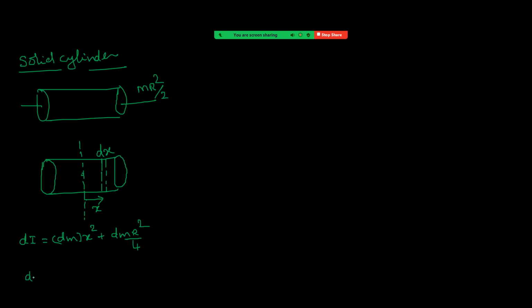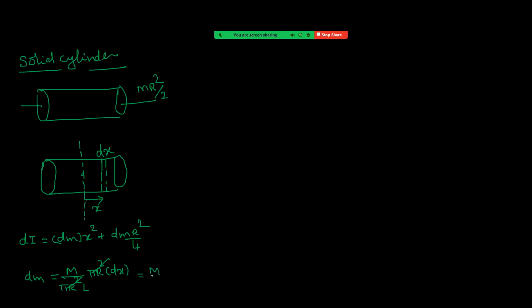And in this dm, since it is now a solid cylinder, we should take mass per unit volume. That is, volume is now pi r square L, right? That is mass into volume of this plate. Volume of this plate is pi r square into thickness. Thickness is now dx. So pi r square gets cancelled.